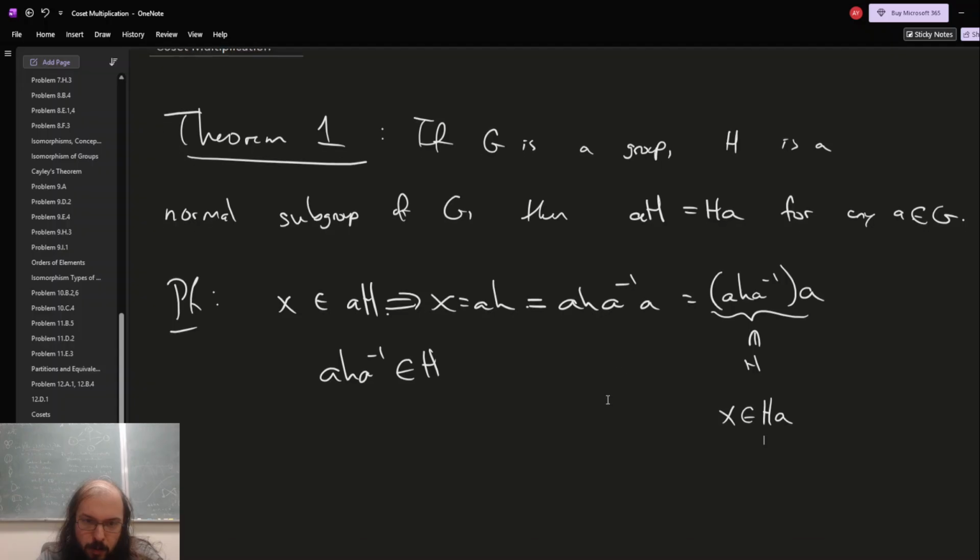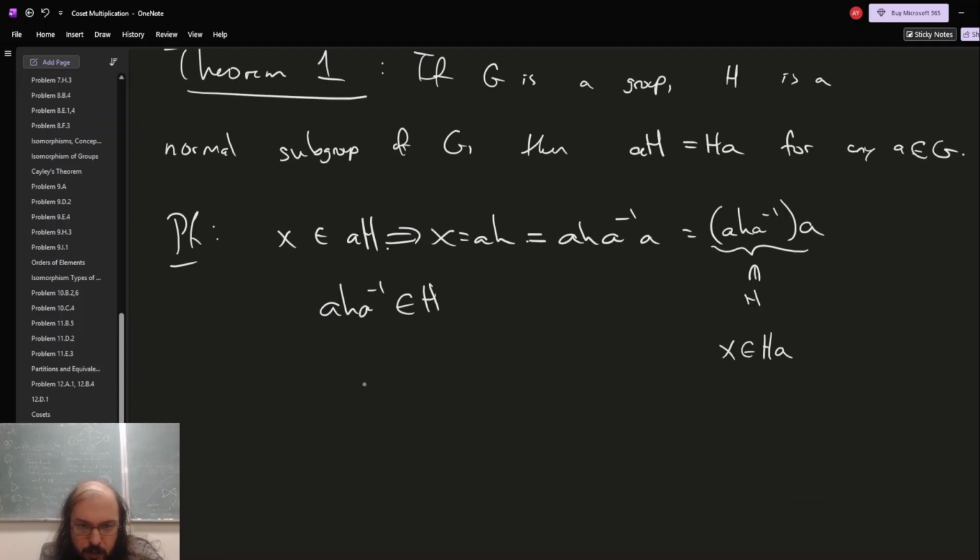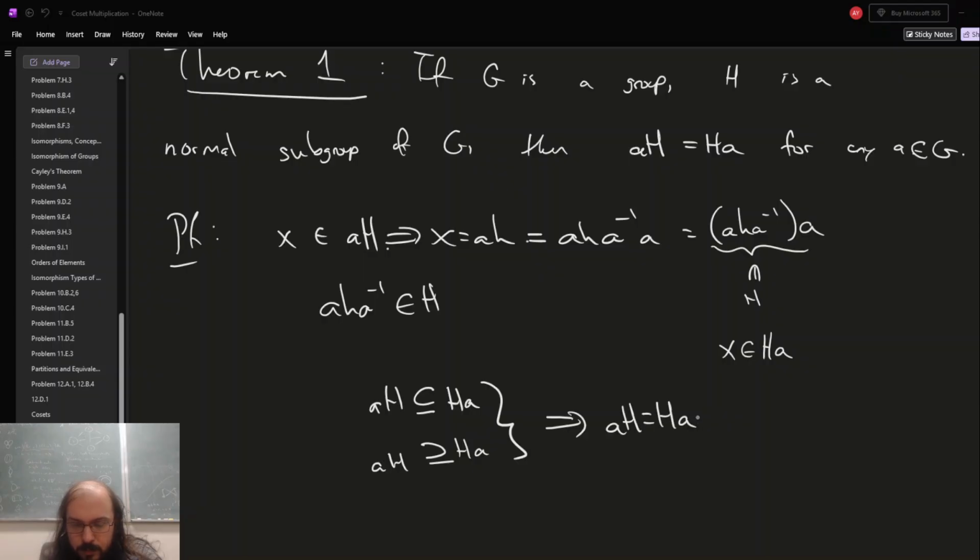And so therefore, we have proven that aH is a subset of Ha, and by analogous reasoning, Ha is a subset of aH, and so together, these are equal. Okay, cool and good. We're going to need this property going forward for our next theorem.